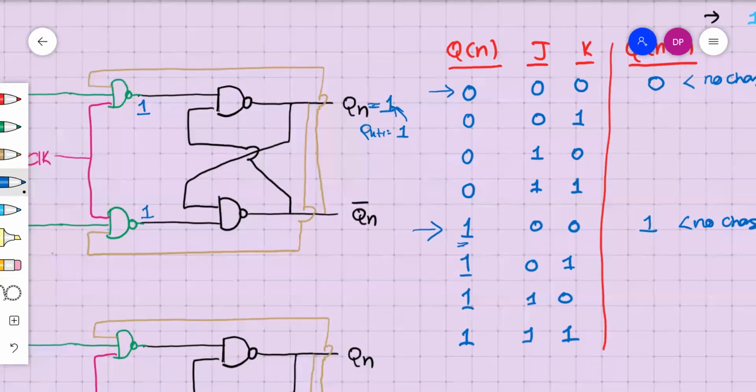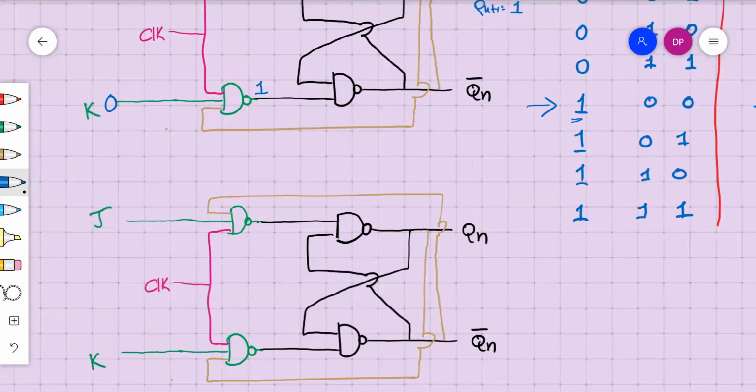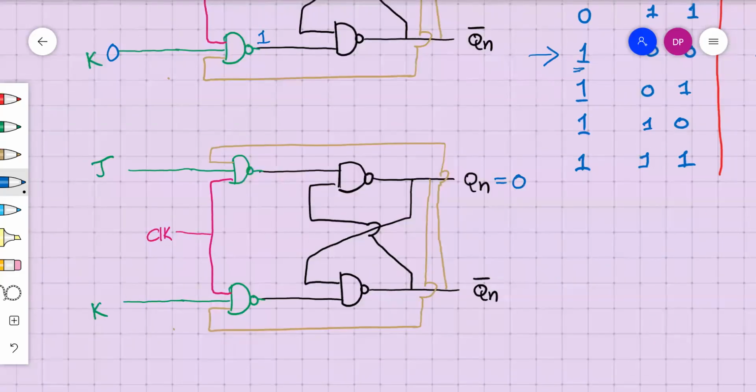Now let's change J and K to 0, 1. Let me take Qn, the present output, to be 0, and I'm taking J as 0, K as 1. If any input to the 3 input NAND gate is 0, it produces output 1. Now K is 1, and assume that the clock is also 1, and the previous output is 0, which is connected to this 0.